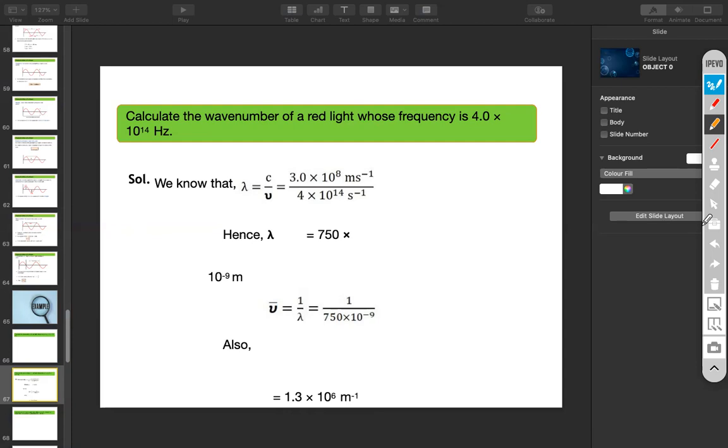This is the speed of light. Any doubt? No doubt?